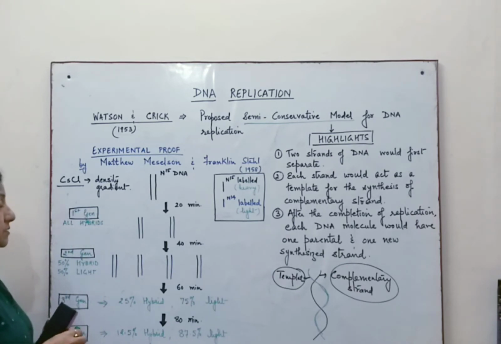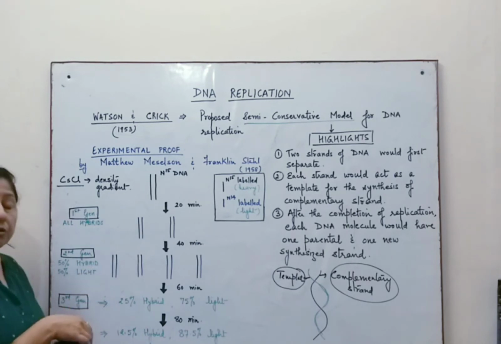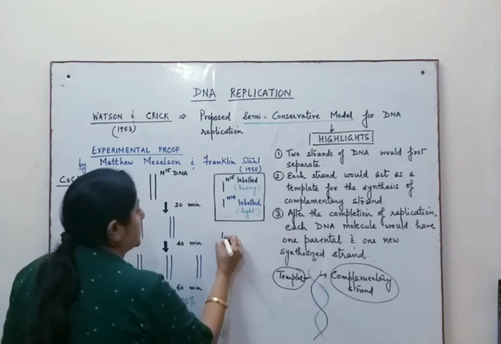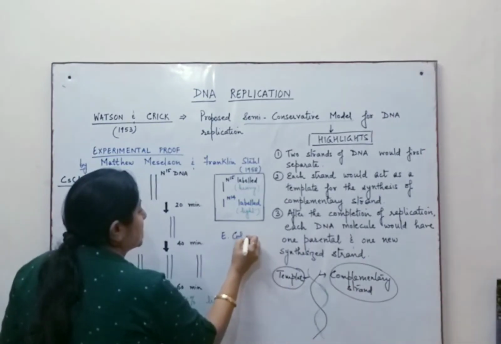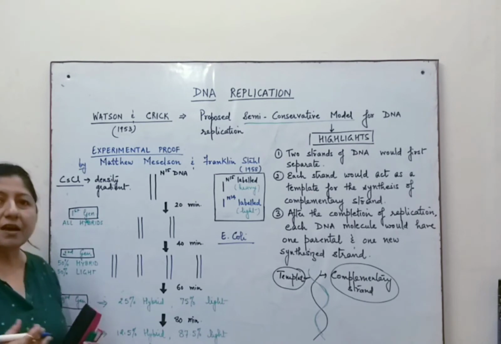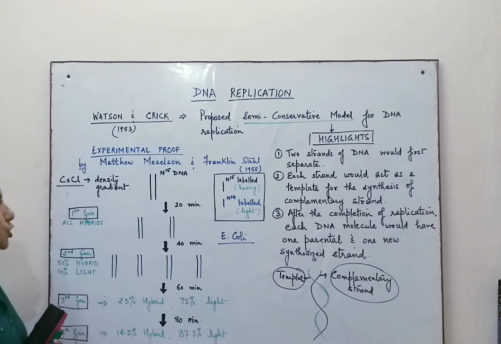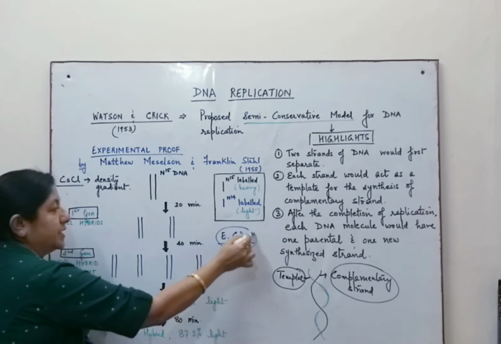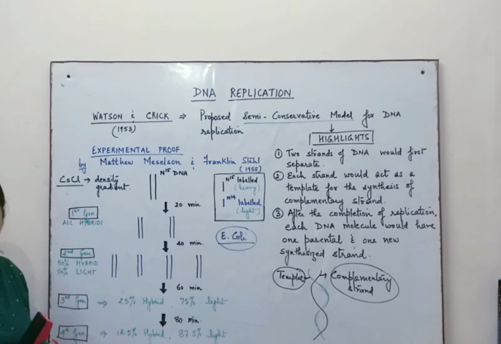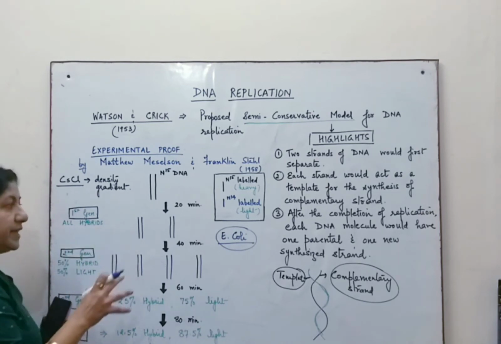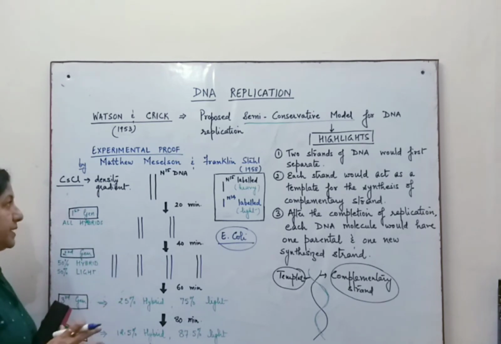The scientists performed the experiment on E. coli bacteria because of its fast multiplication. E. coli multiplies after every 20 minutes. So E. coli, that is the bacterium Escherichia coli, was used for studying the pattern of DNA replication.